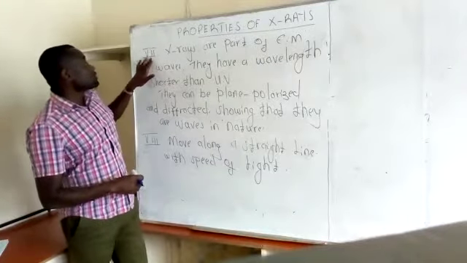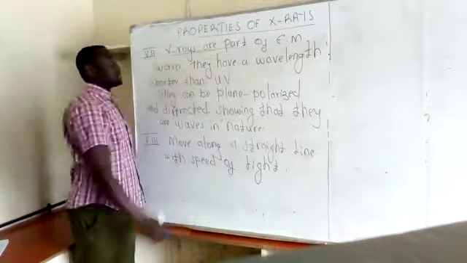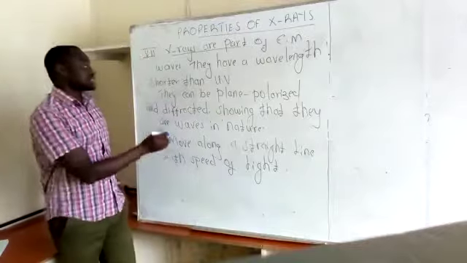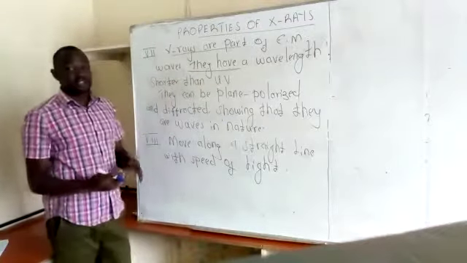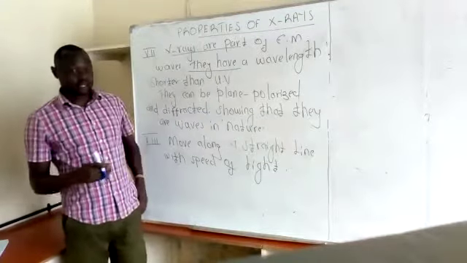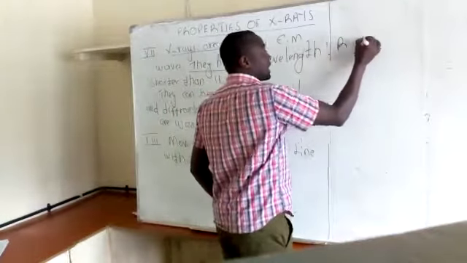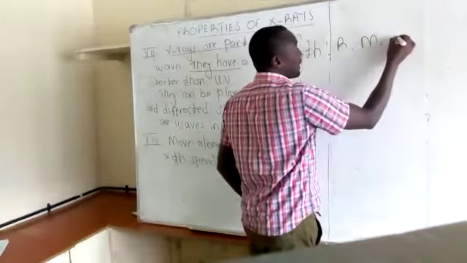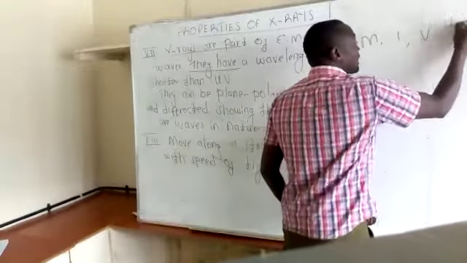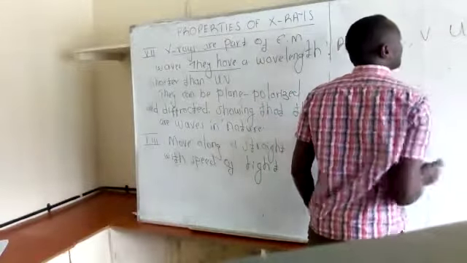So the 7th property of X-rays is that X-rays are part of the electromagnetic waves, and we found that they have a wavelength that is shorter than UV. Remember, when you look at the electromagnetic waves, we have the radio waves, the microwaves, the infrared, visible light, UV, X-rays, and the gamma rays.